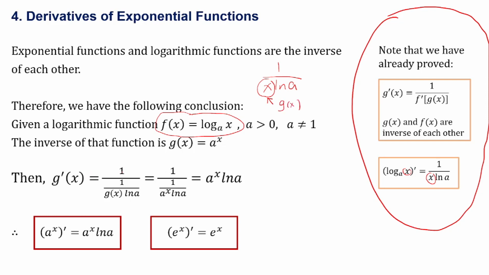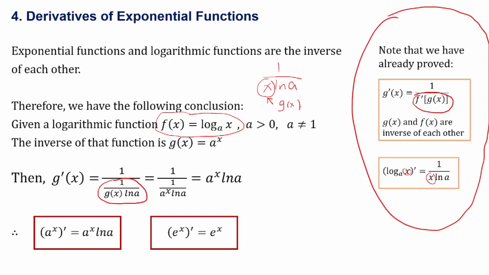Therefore, that is actually 1 over g(x) times ln a, right? Can you see that? So this part is this part here. Then, what is g(x)? g(x) is the expression a to the power of x.